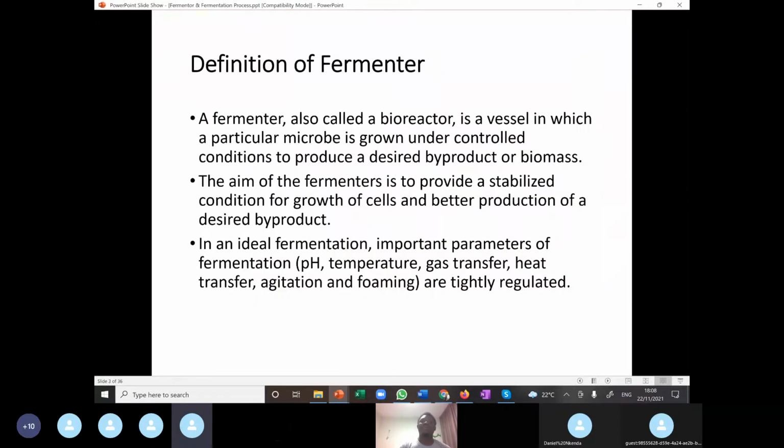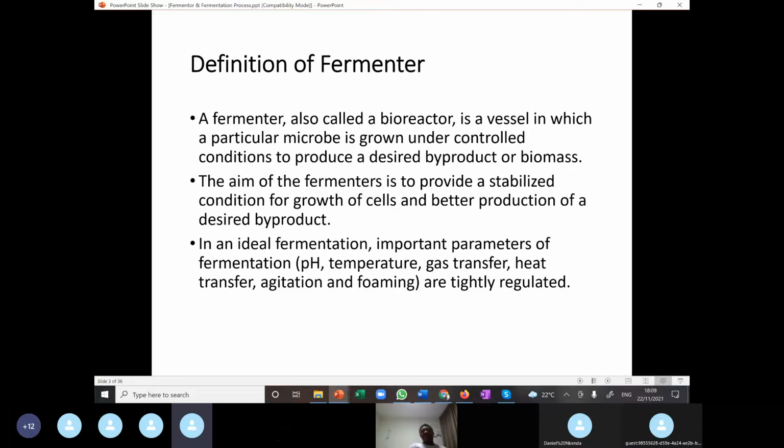So my interest today is to look at the industrial process itself. I already started saying that a fermenter is a vessel which has been designed for the growth of microorganisms under controlled conditions.